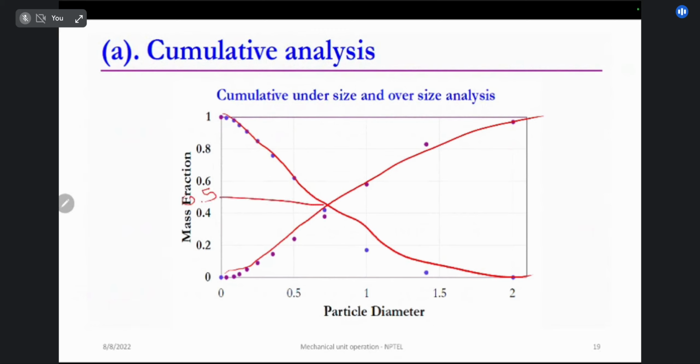It is not exact, but if you do the perfect calculation, both will be mass fraction versus particle diameter. Both graphs will meet, this is oversize and this is undersize, at a particular 0.5 mass fraction only, 50%.